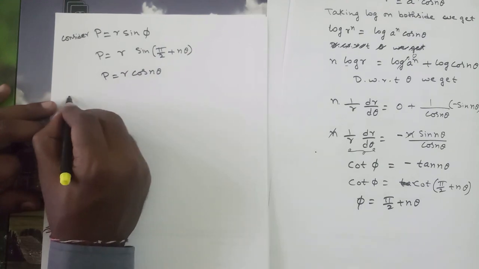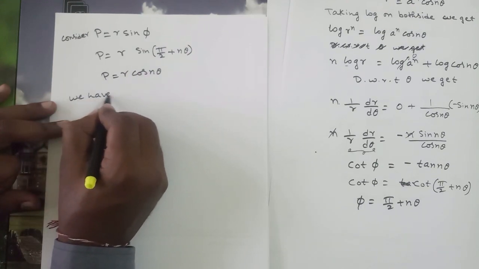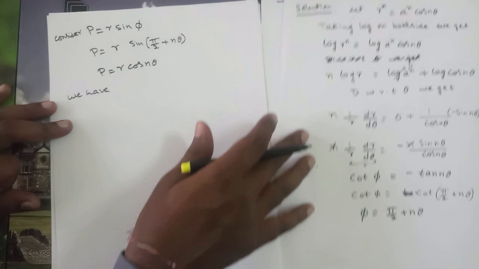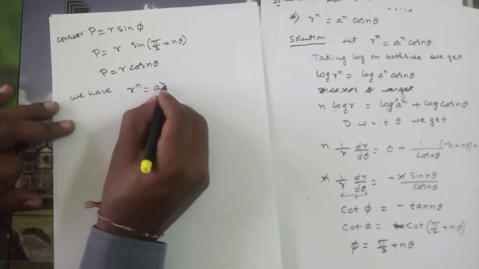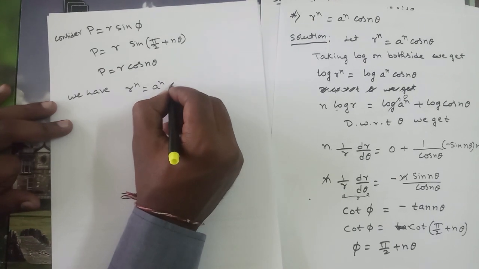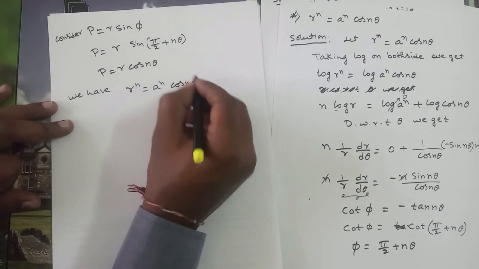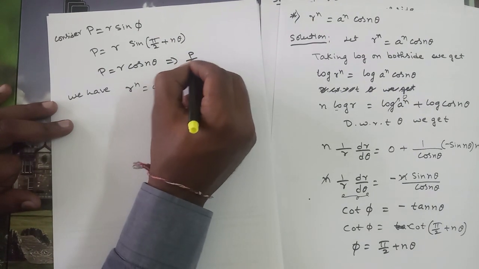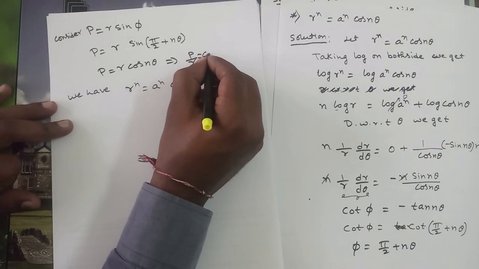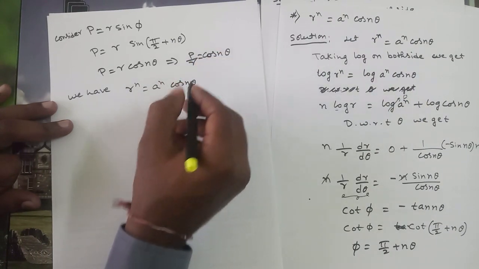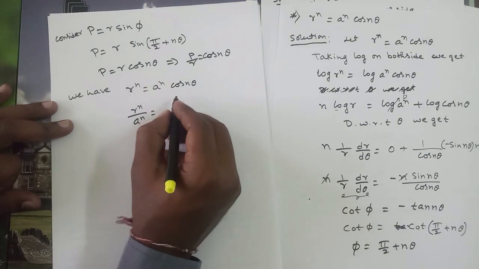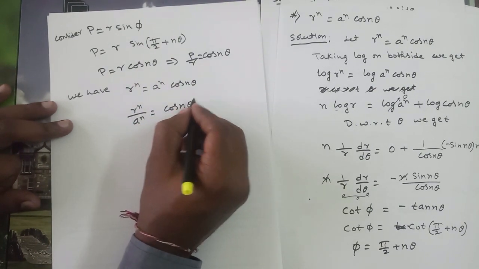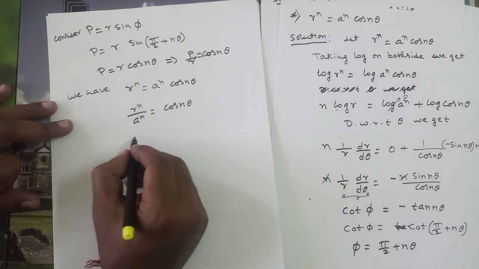So now we have the equation r to the power of n equals a to the power of n into cos n theta. Here this can be written as p by r in r equals cos n theta, remember. So r to the power of n divided by a to the power of n equals cos n theta. So cos n theta can be written as p by r.